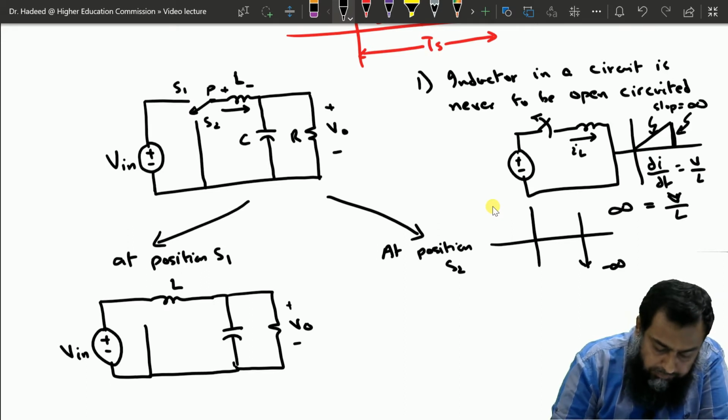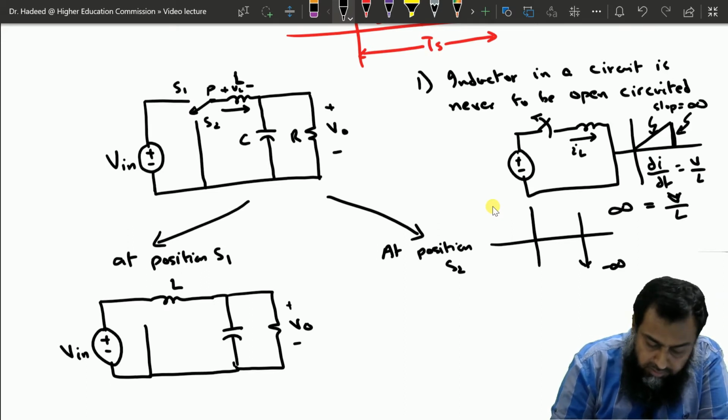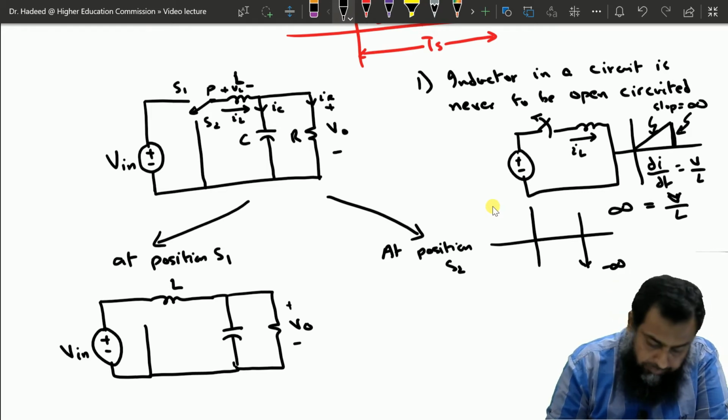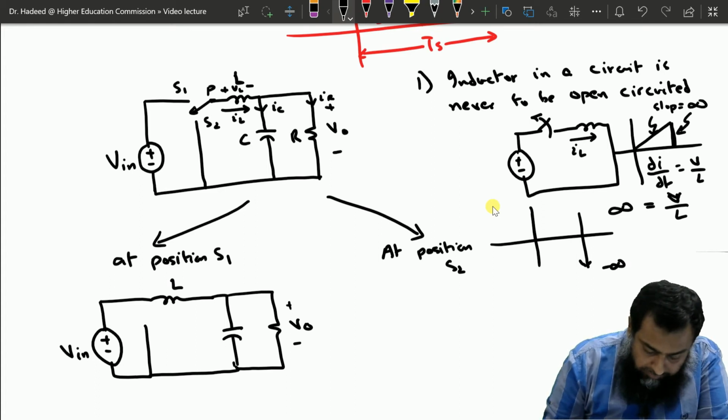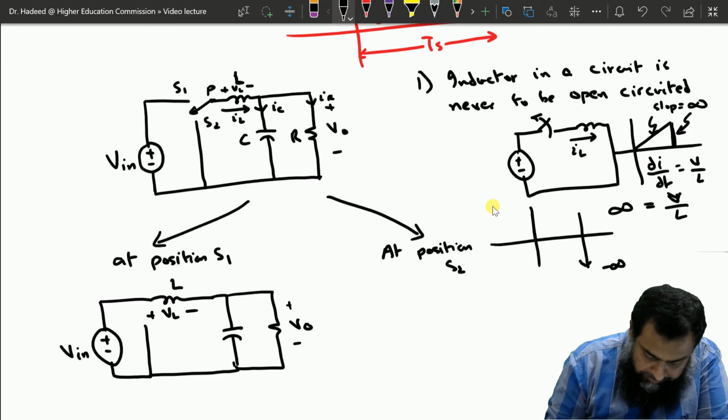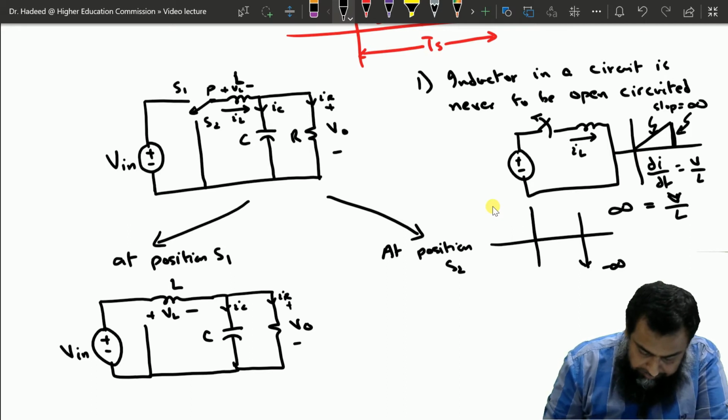So this is VL, this is IL, we have the current here IC, and this is the current IR, and this is the voltage Vin, and this is the output voltage V0. So in this particular direction we have this VL, this is IC, this is IR, this is C.